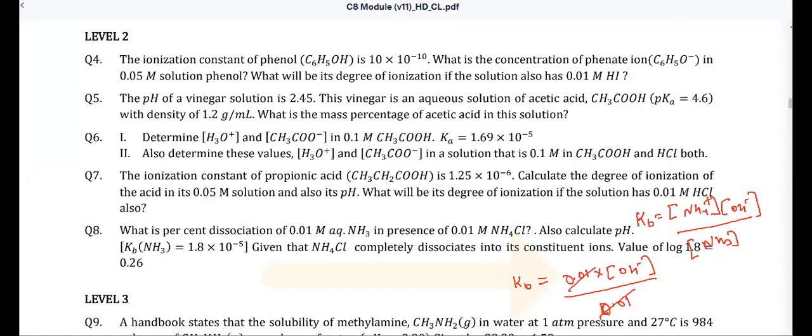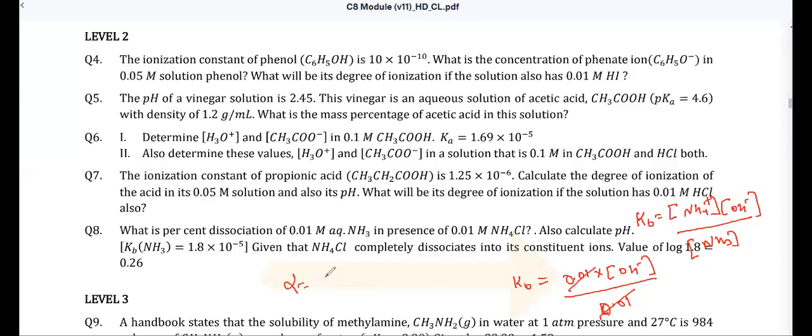Easy question. Is there any mistake? Okay, so concentration of OH minus is equal to Kb only.